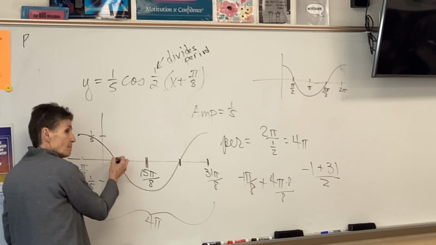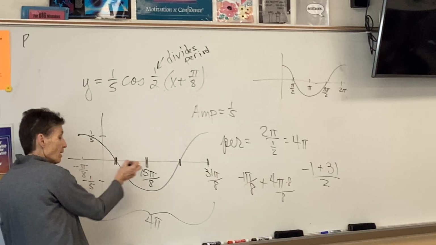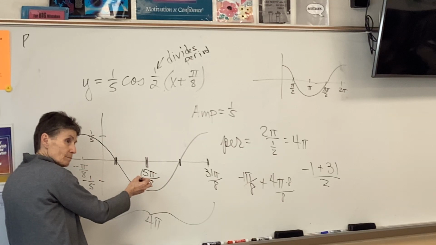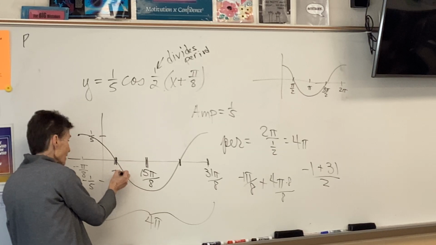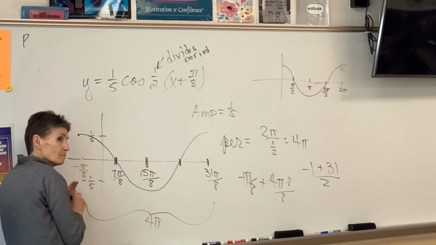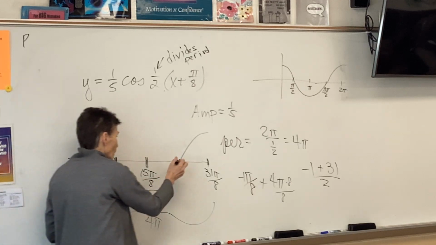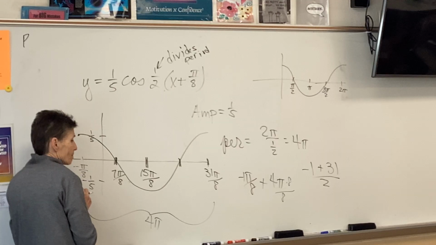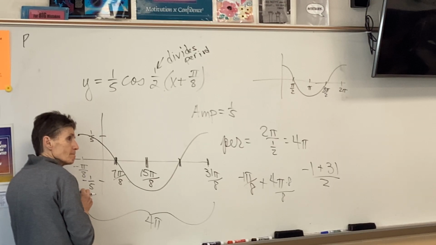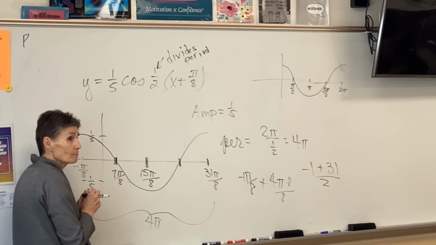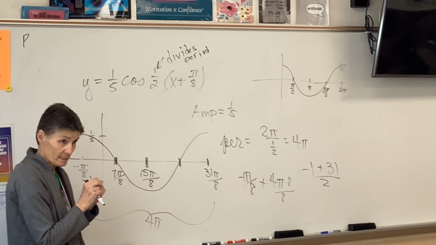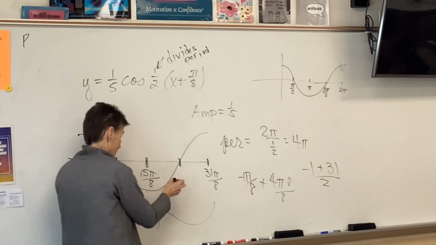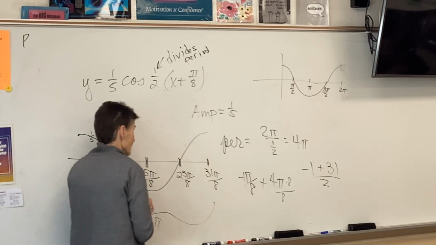Now, what about this guy? He's the average of these two. My scale is totally wrong, but you're right. But what will this be? 7 pi over 8. And then what will this guy be? 15 and 31 makes 46, and half of 46 is 23.